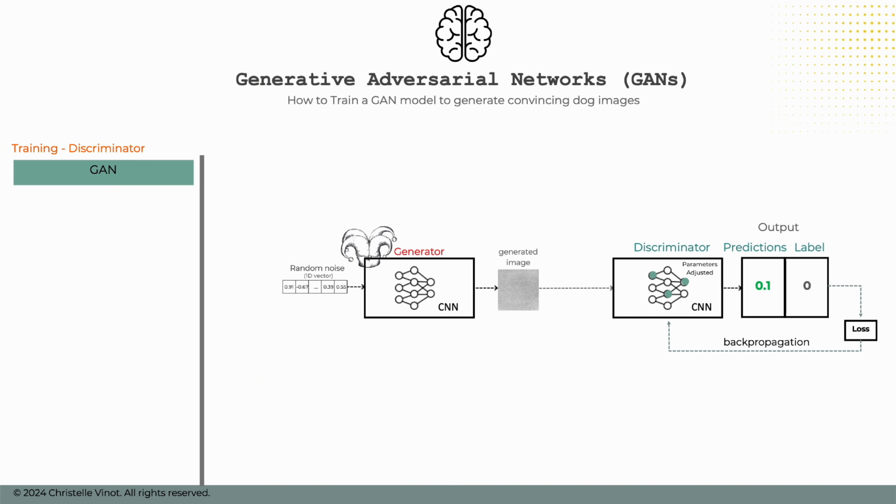Backpropagation still occurs with minimal changes to the discriminator's internal parameters since the loss is already low. Now that the discriminator has learned how to discriminate real images, we need to train the generator to produce really convincing fake images.